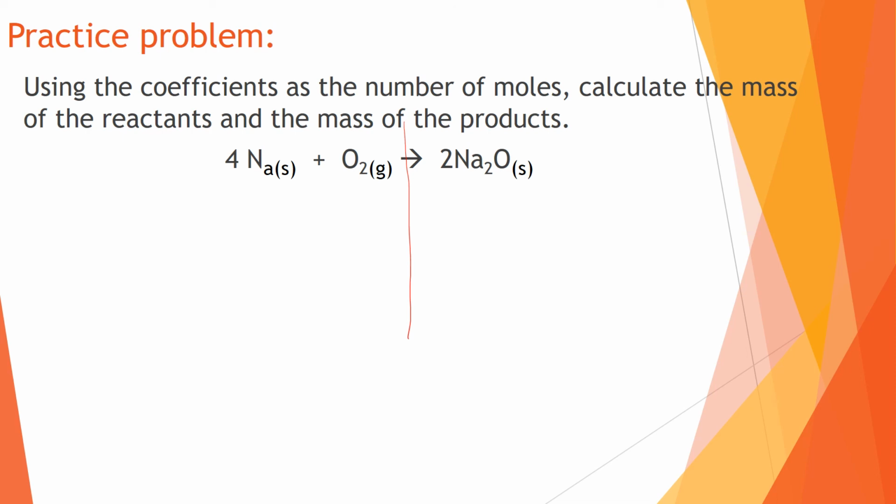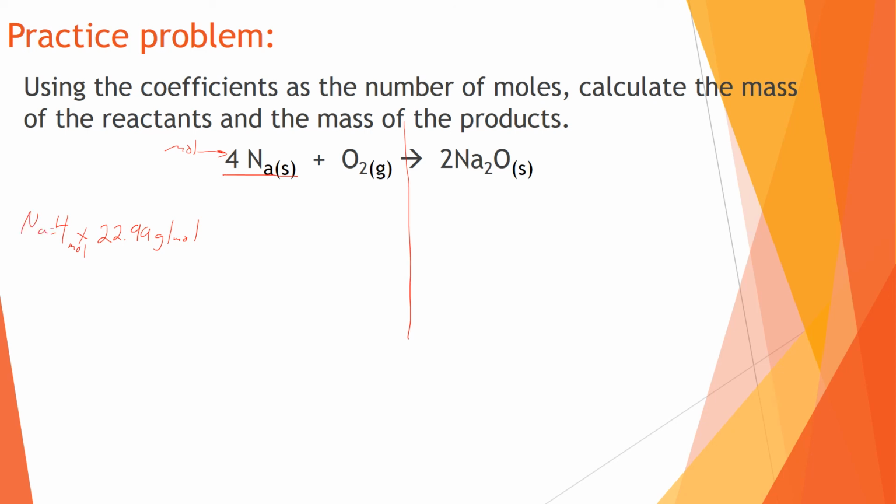First of all, we have 4 moles of sodium atoms, because the coefficient is equal to the number of moles. The molar mass for sodium is 22.99 grams per mole.